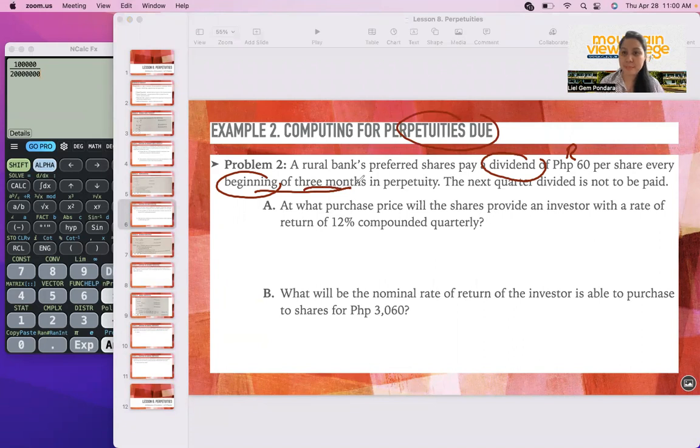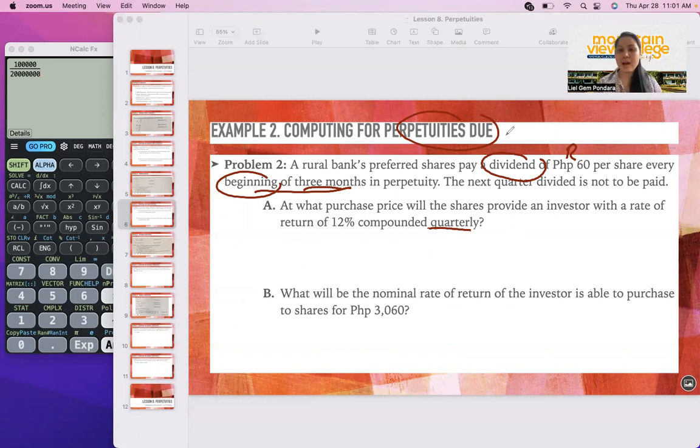Every 3 months is a payment interval, and the compounding is quarterly. They are the same, so it is a simple perpetuity.